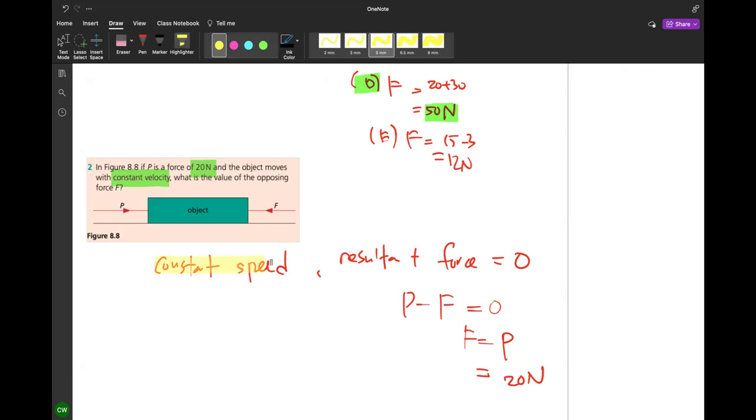First, you need to write constant speed. From constant speed itself, we know resultant force is 0. When resultant force is 0, opposite direction, so we have to minus, and it's 0. So the force is 20 Newton. Okay or not? Any problem? No problem. Okay or not?